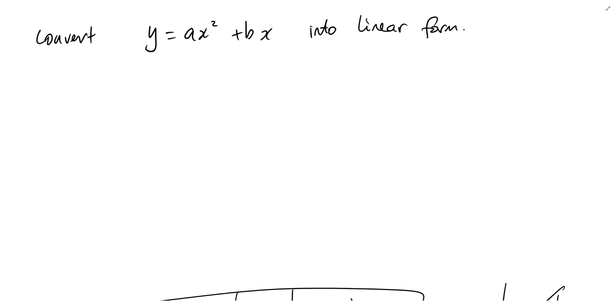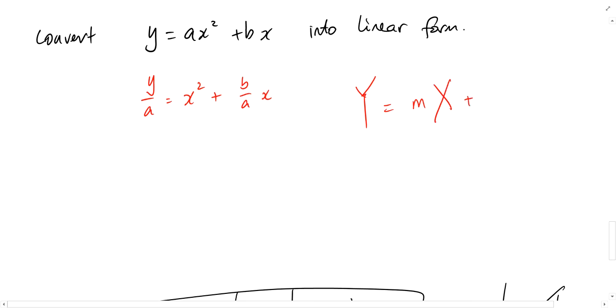Let us divide by a. So y over a equals to x squared plus b over ax. So what do you do next? Do you have variable equals to constant times variable plus constant? No, don't have.